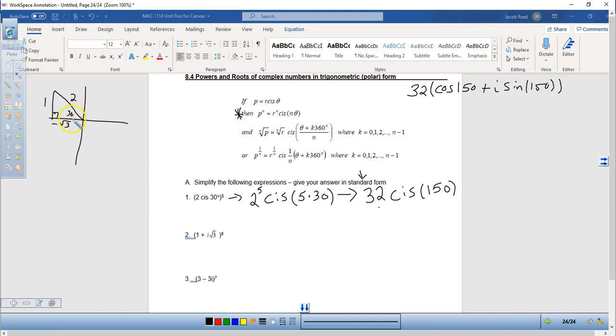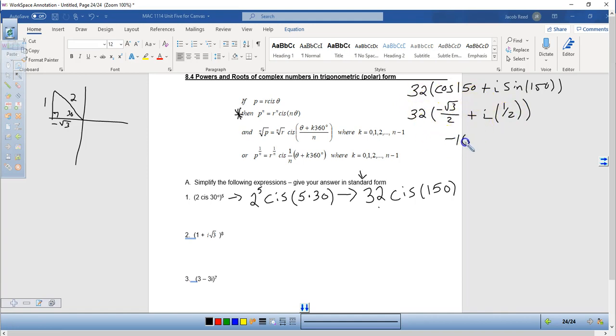So we're going to do cosine of 150. That's negative root 3 over 2. Plus i sine. Sine is going to be 1/2. Okay, we multiply 32 and distribute.